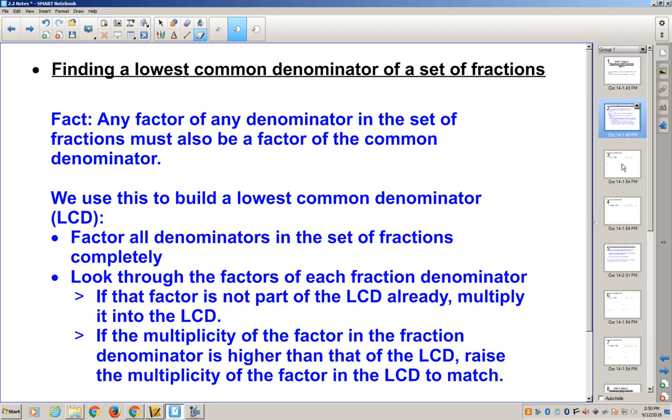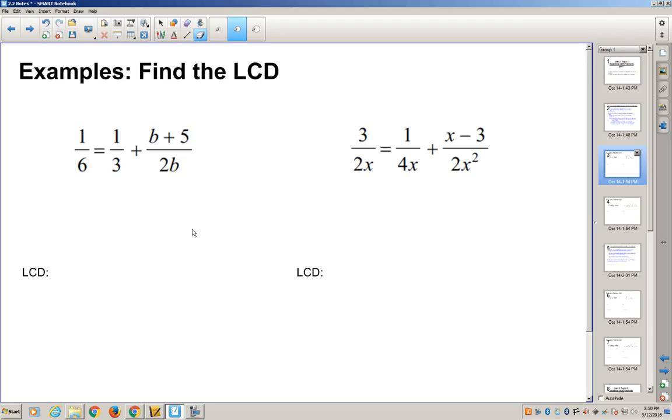So a couple of things to keep in mind. Let's just take a look here. So the first thing I'm going to do is I'm going to break this down. So when you think about it, 6 is really 2 times 3. 3 is already broken down, it's prime, so 3 is 3. And 2 and b are both prime numbers as well, so you just have 2 times b.